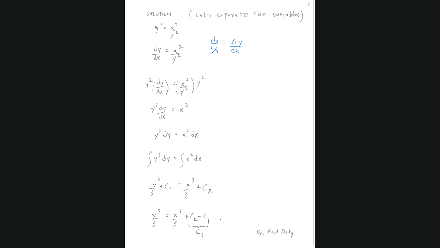Okay, and as you let delta x get smaller, the slopes of the secant lines will approach the slope of a tangent line.